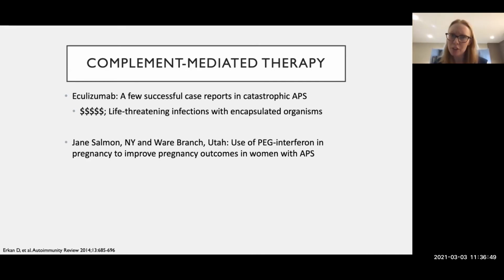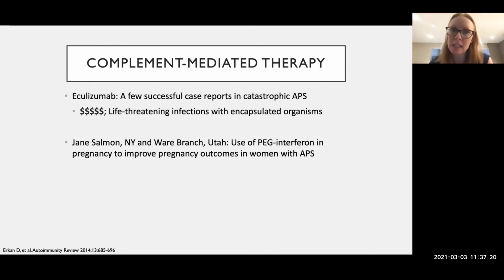And I think there's been at least one or more reports of use of eculizumab in pregnancy, but again, very little data, very expensive, for these high stakes decisions and patients, and with risks, with potential for infections. And so I think further study and getting more information is needed before we move towards therapies like eculizumab or other complement therapies.